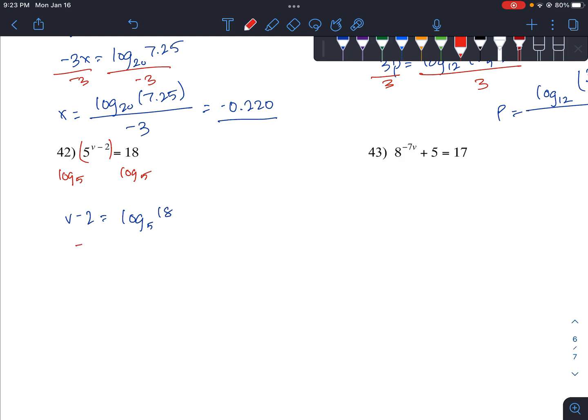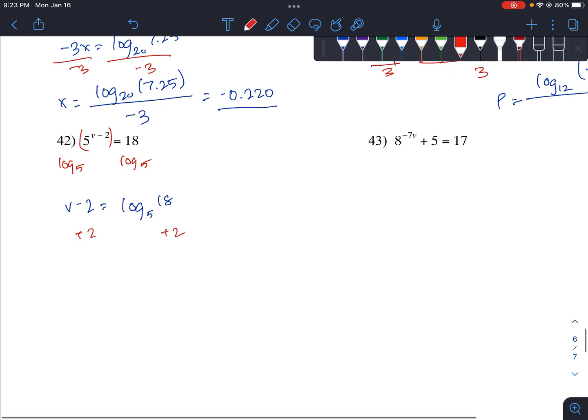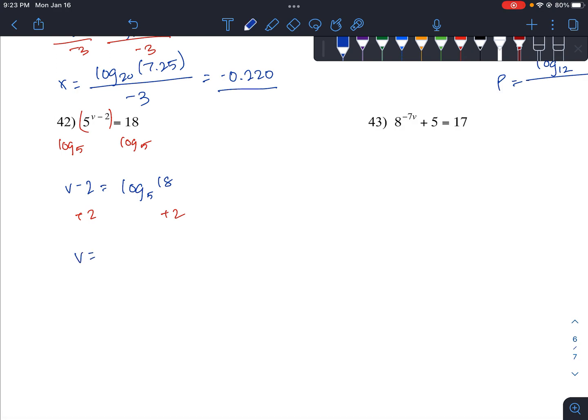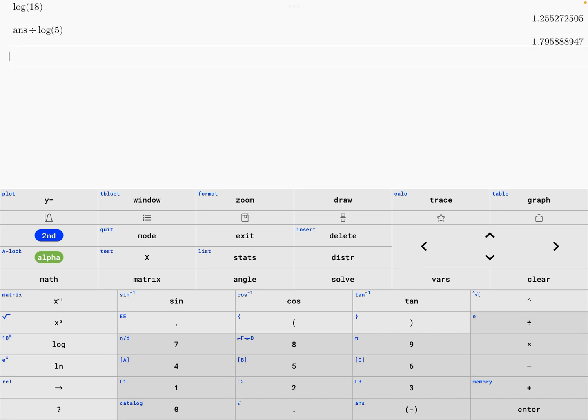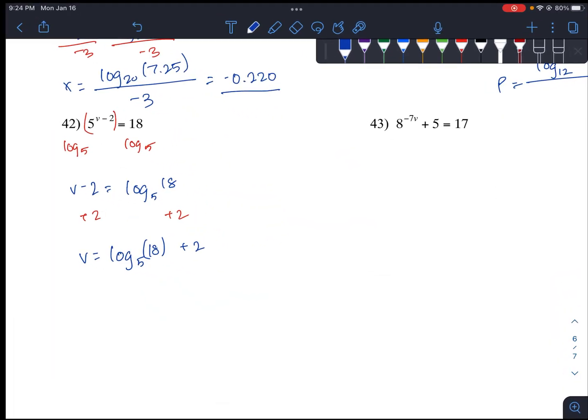I'll add 2 and add 2. I get v is equal to log base 5 of 18, plus 2. So that's going to be log of 18 divided by log of 5, and then plus 2. We'll round that to 3.80.